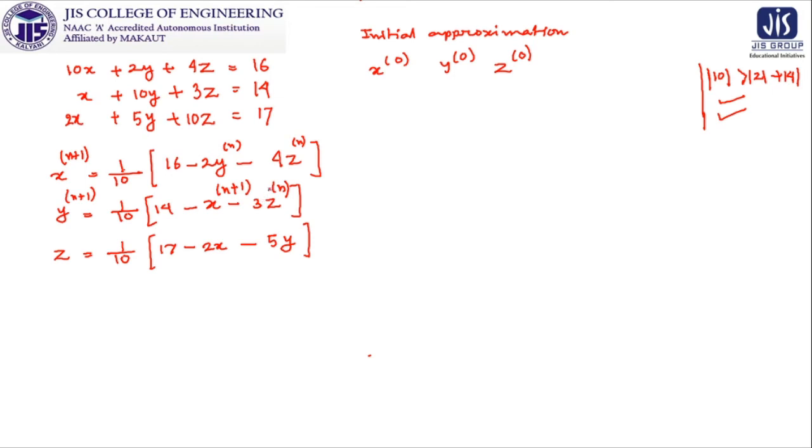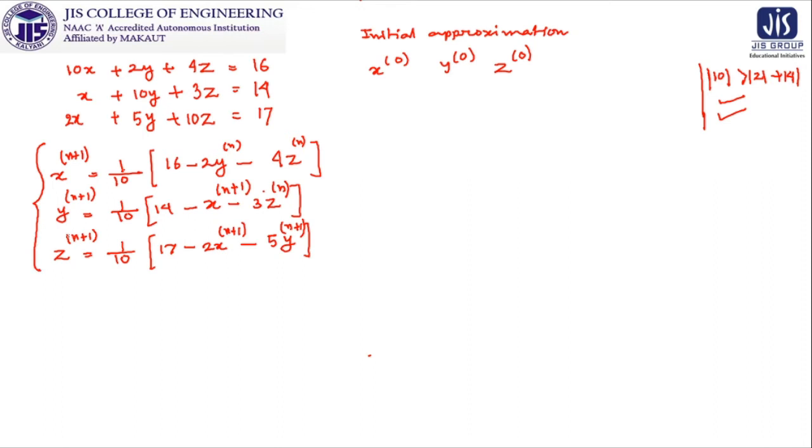If this logic is clear, then you can decide that when we are going to calculate z n plus 1, as x n plus 1 is known we will use it here, and y n plus 1 is also already calculated in the previous step, so we will use y n plus 1. So this is the structure of the Gauss-Seidel method.